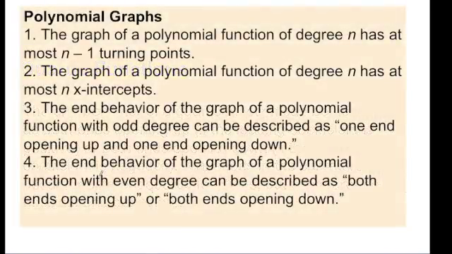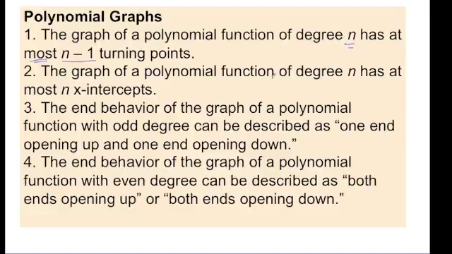The graph of a polynomial function of degree n has at most n minus 1 turning points. The cubic function could have 0 turning points or 2 turning points, 2 being 1 less than 3.